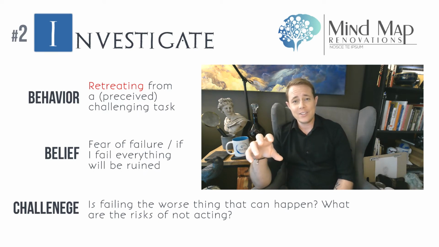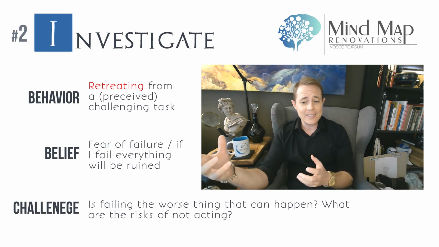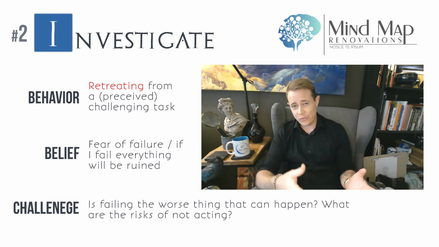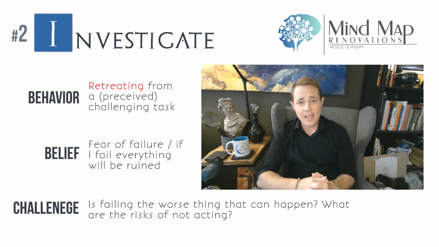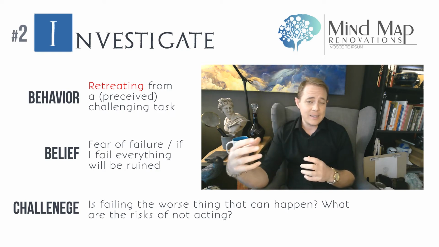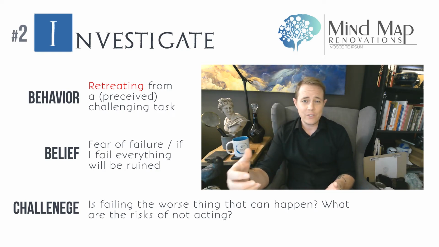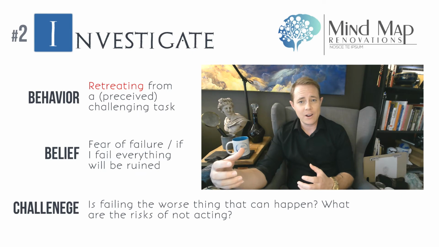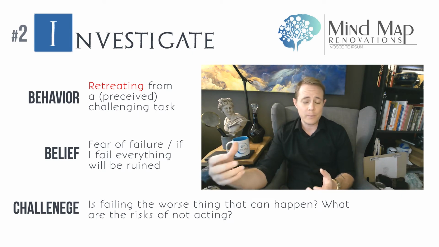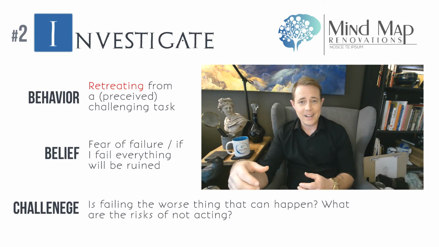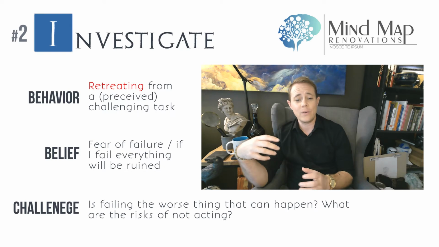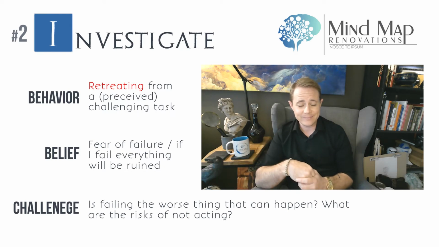And a challenge that you can put against that is, well, is failing the worst thing that could happen? And what are the negative sides of doing nothing? If you retreat, are you abdicating some of your control or your power or your influence? That process might help you make a different choice in that situation where your default mode is, I'm just going to get the heck out of here.